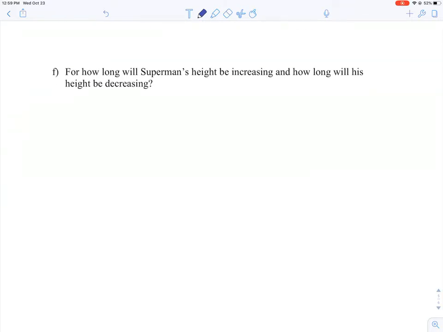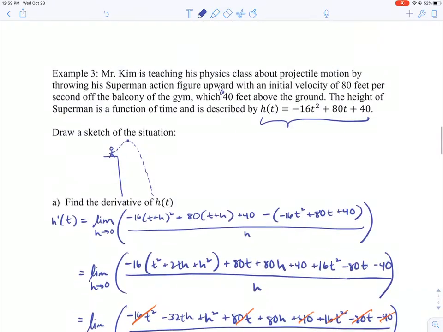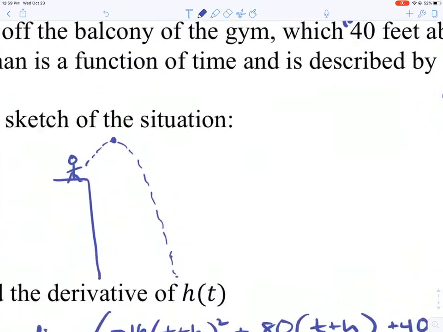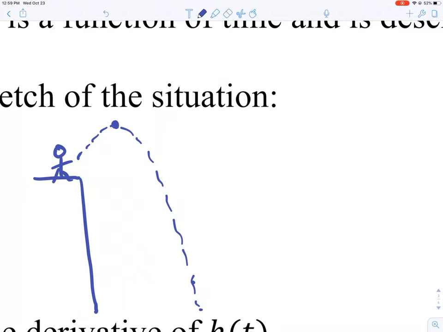All right, so for how long will Superman's height be increasing, and how long will it be decreasing? If we go back to our picture, his height will be increasing on the rise here, and then decreasing as he's traveling towards the ground.